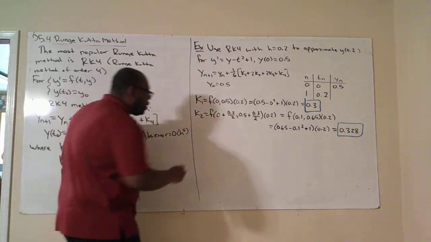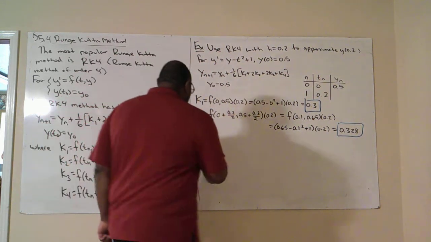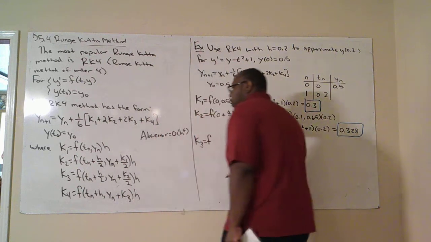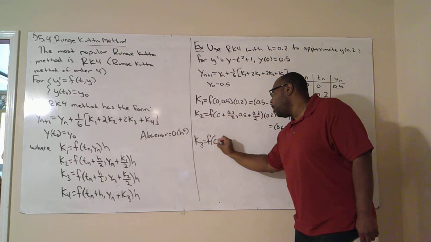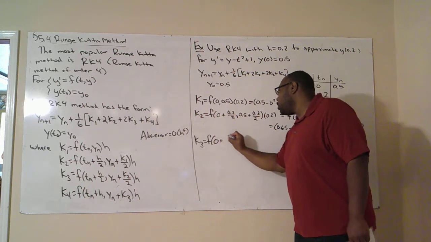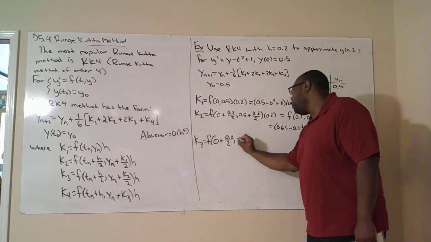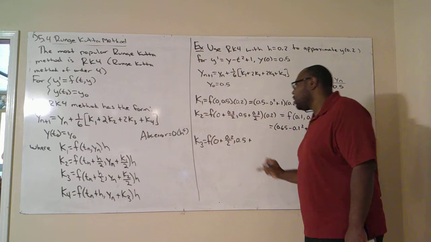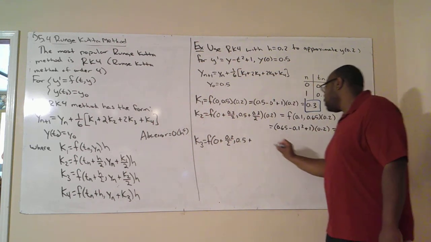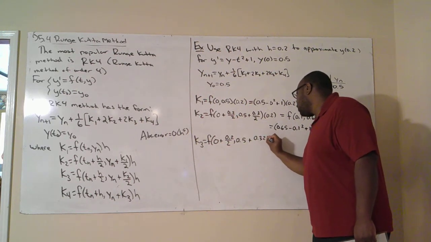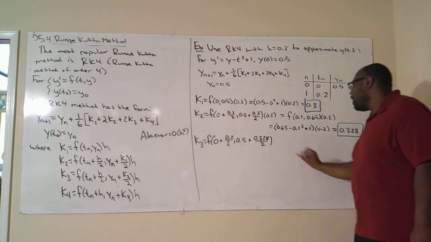Okay. K3 is equal to f of t0, right? We're still dealing with our first iteration, t0, which is going to be 0, plus h, which is still 0.2, divided by 2, comma, y0, which is still 0.5, plus K2, K2 is 0.328, divided by 2, times h.